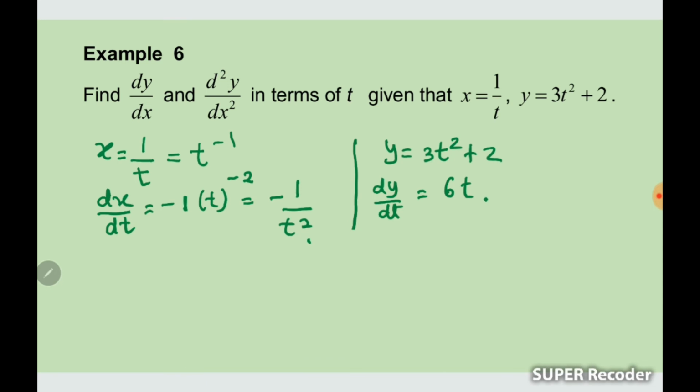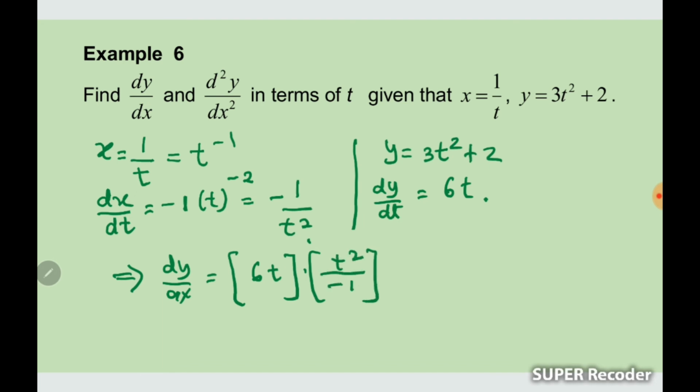6 times t. Therefore, dy dx is equal to dy dt, which is 6t, you have to multiply with dt dx. If dx dt is negative 1 over t squared, dt dx you have to bring t squared up and bring negative 1 down.